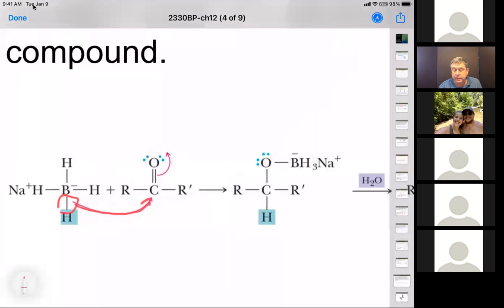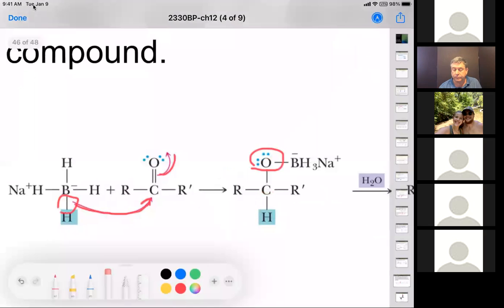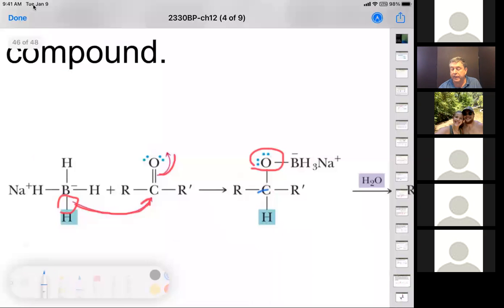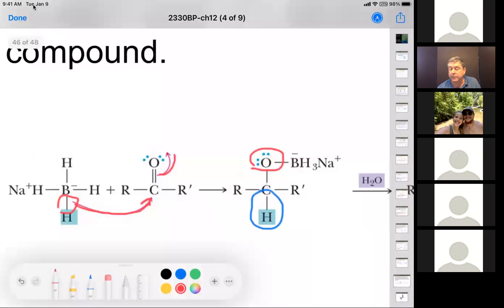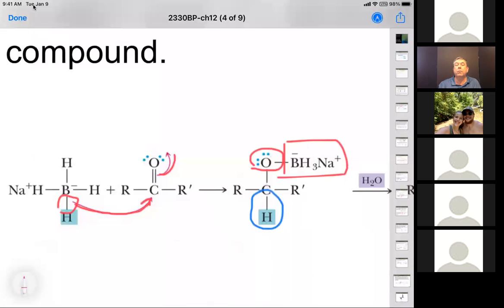When these electrons come in, the electrons in the double bond have to kick out, giving us a negative charge on oxygen. So this is a nice covalent sigma bond now, right here. Right here, we have a covalent sigma bond with our hydrogen, and we have a charged oxygen species. And it just happens to counterbalance with the rest of the boron complex.